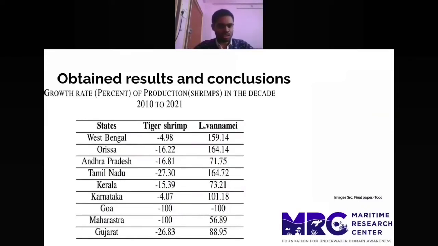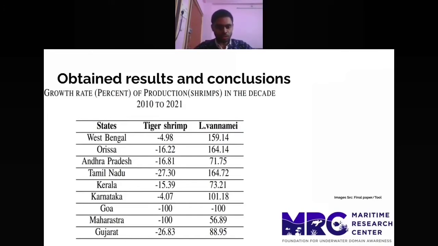we can see that the tiger shrimp showed a declining trend. We can see this for Tamil Nadu. The growth rate is highly negative. In contrast, for the Vannamei species, the growth rate is highest positive. So for Tamil Nadu, the tiger shrimp growth rate is highest negative, and for the Vannamei, it is highest positive.